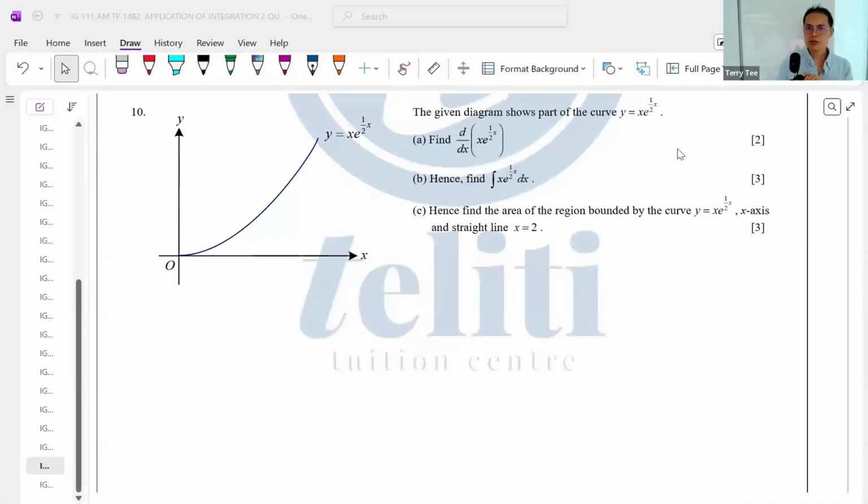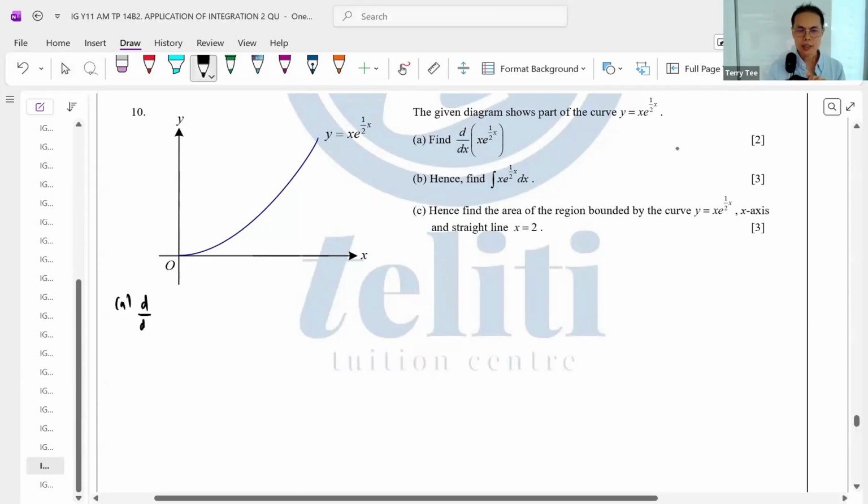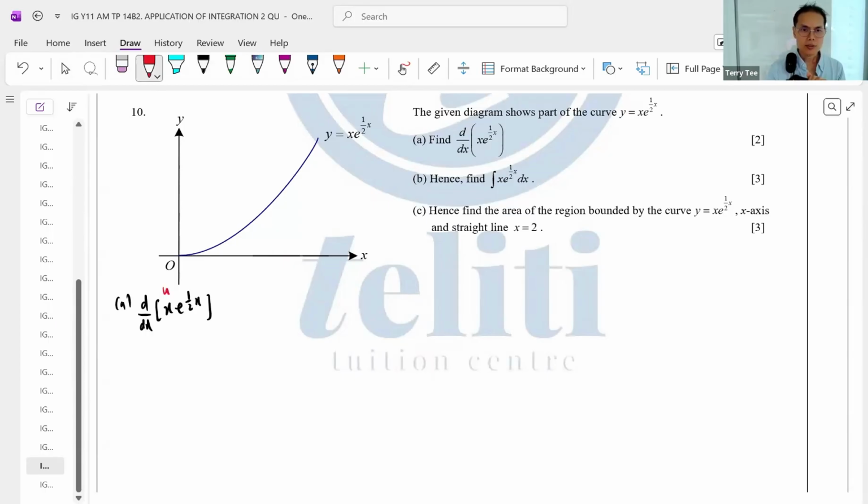So the given diagram shows part of the curve y equals x e power 1 over 2 x. So first part, find the differentiation. So we differentiate dy dx or d dx of x e power half x. So this is your uv. This is your u. This is your v. When you differentiate, you copy u, differentiate v, differentiate u, copy your v.